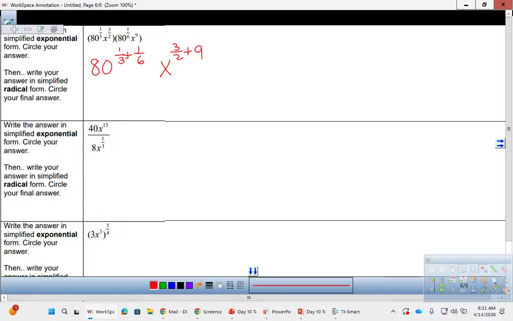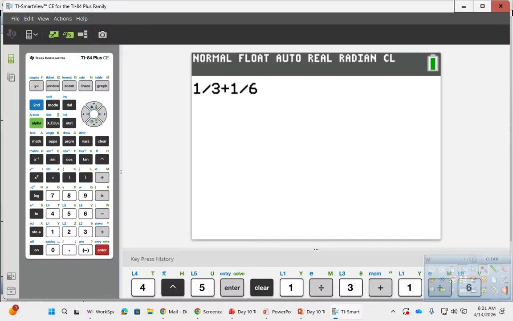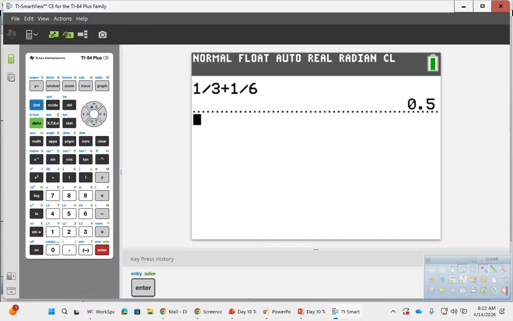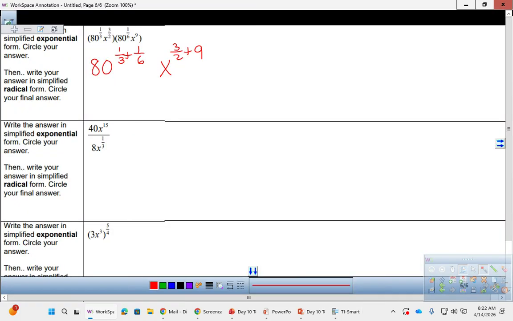So I need to do 1/3 plus 1/6. The calculator will do that for me. 1/3 plus 1/6. If I get a decimal, which I do, I'm going to have to simplify that decimal. So we've got 1/2. So we've got 80 to the power of 1/2.